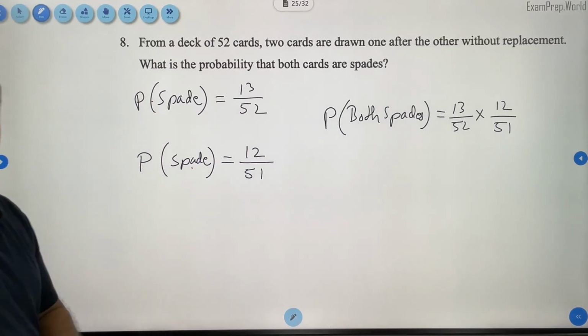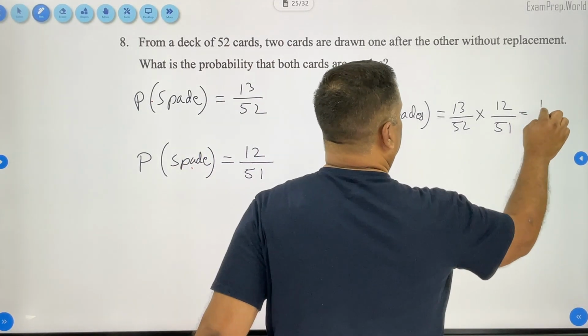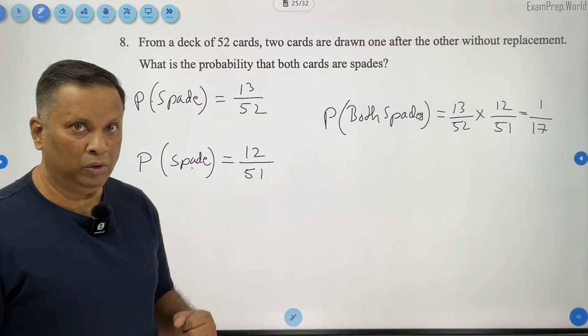Okay, now calculate this. One on 17. So we get the answer is 1 on 17.